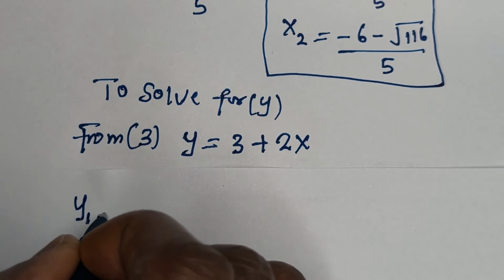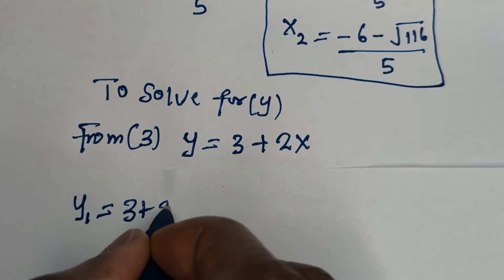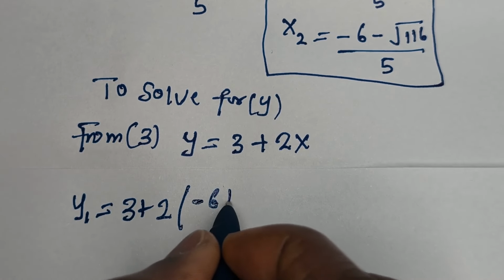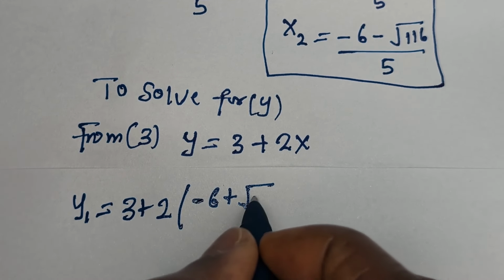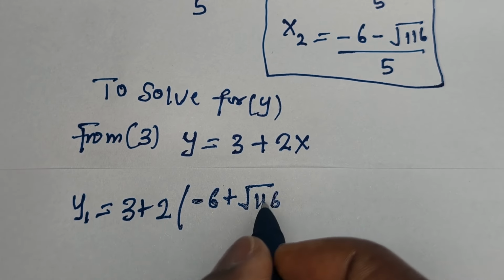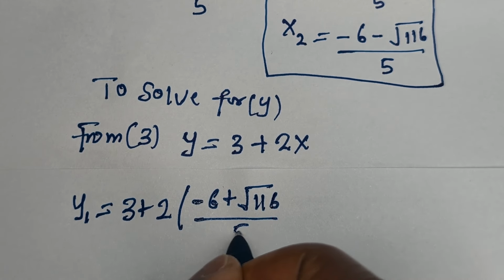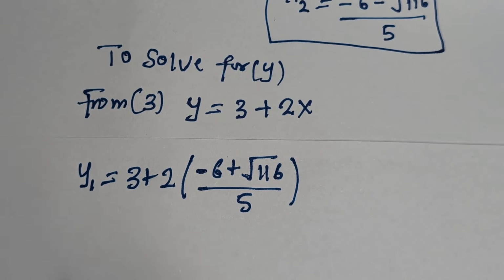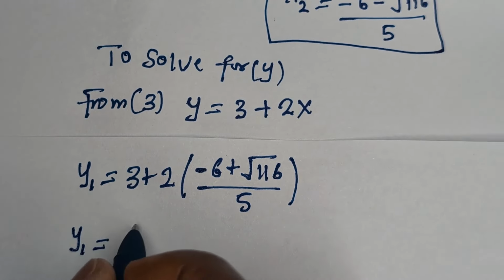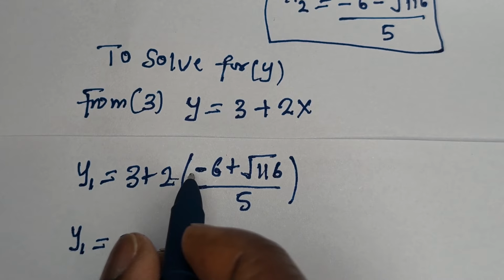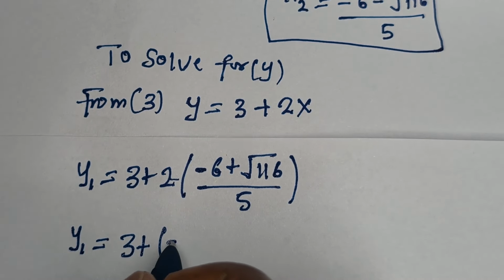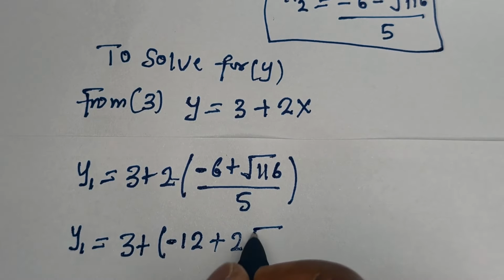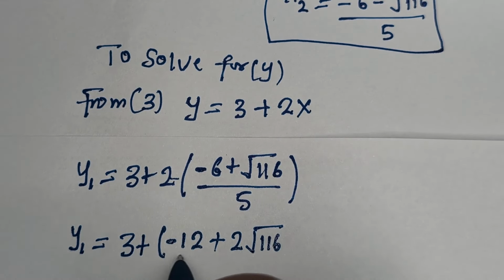Then y1 is equal to 3 plus 2 bracket x1, that is minus 6 plus square root of 116 over 5. y1 is equal to 3 plus, if you open bracket with 2, we have bracket minus 12 plus 2 square root of 116 over 5.